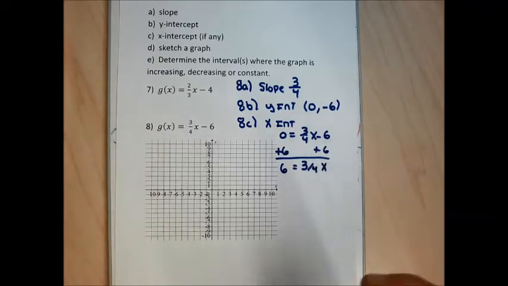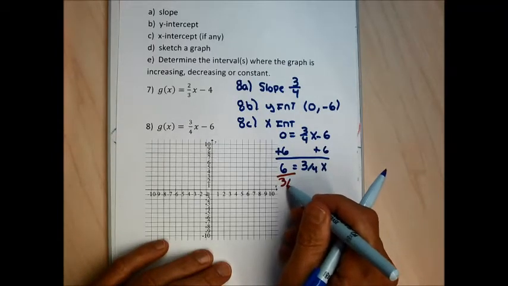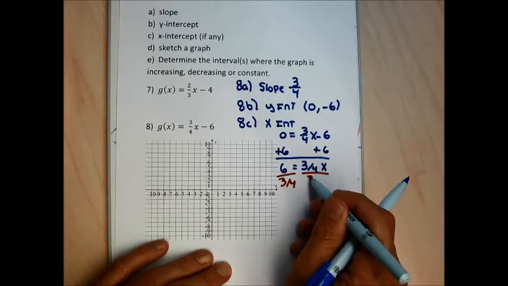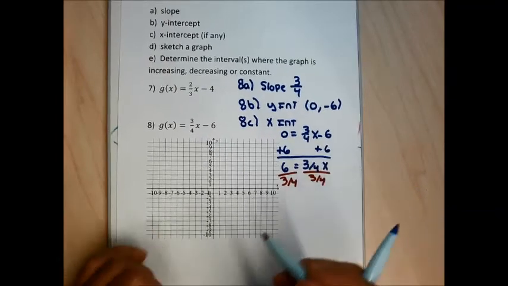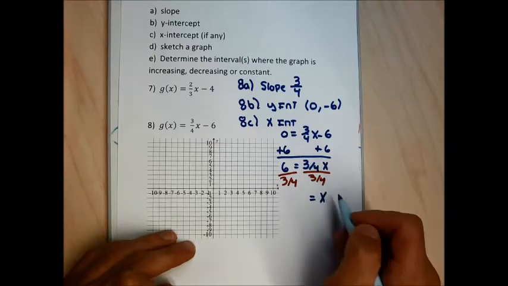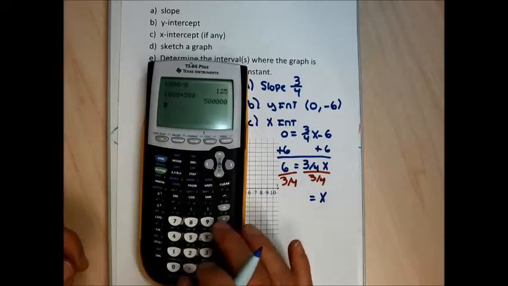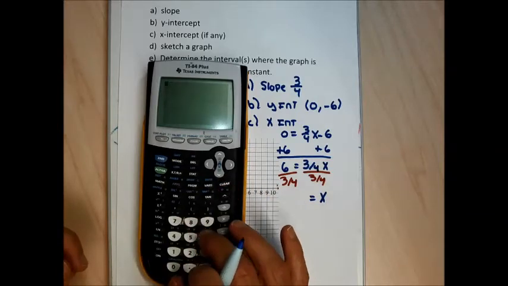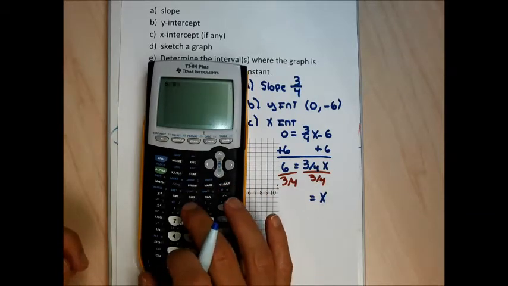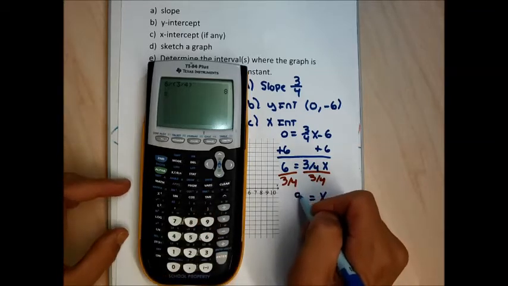And then if you want to be not clever, you could divide both sides by 3/4 to solve for x. On the right-hand side, if I divide by 3/4, the 3/4 cancel, I'm left with the x. On the left-hand side, to do 6 divided by 3/4, if I don't know how to do that, I could do it on my calculator. Go 6 divided by, I'll put 3/4 in parentheses to be safe, and 6 divided by 3/4 is 8.